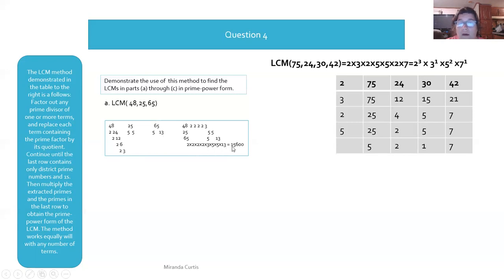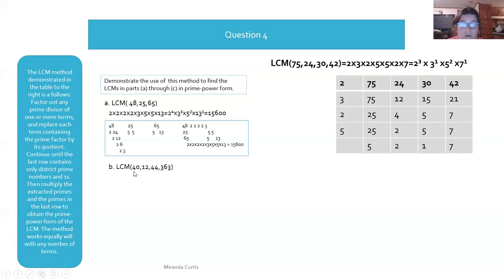Then we multiply and we get 15,600. And then here's how you do it. 1, 2, 3, 4, so 2 to the 4th. Look, you only got 1 three, so you put a 1 up there. And then 5, you put a 2, because you got 2 right there. And 13, you got 1, and there's your answer.